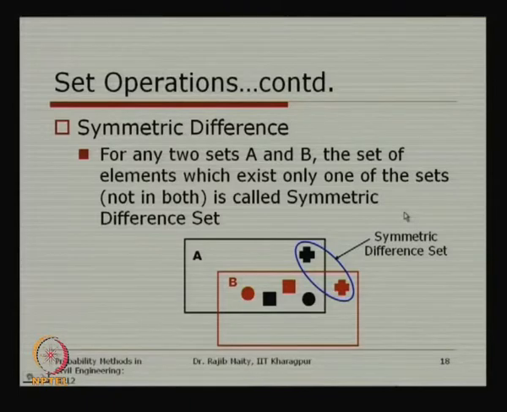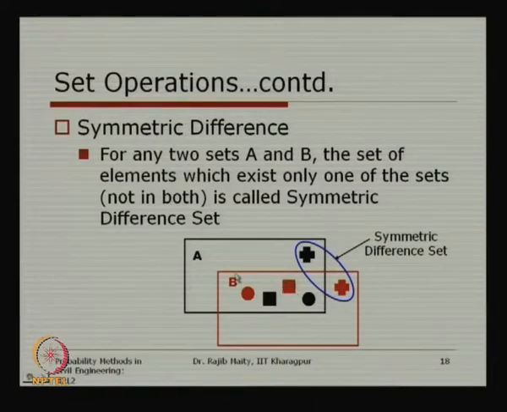There are a few other concepts which are also useful in set operations. The first one is the symmetric difference. For any two sets A and B, the set of elements which exist in only one of the sets, not in both, is called the symmetric difference. Here you can see there are two sets. One is shown as the black rectangle, denoted A, and another set, B, is a red rectangle.